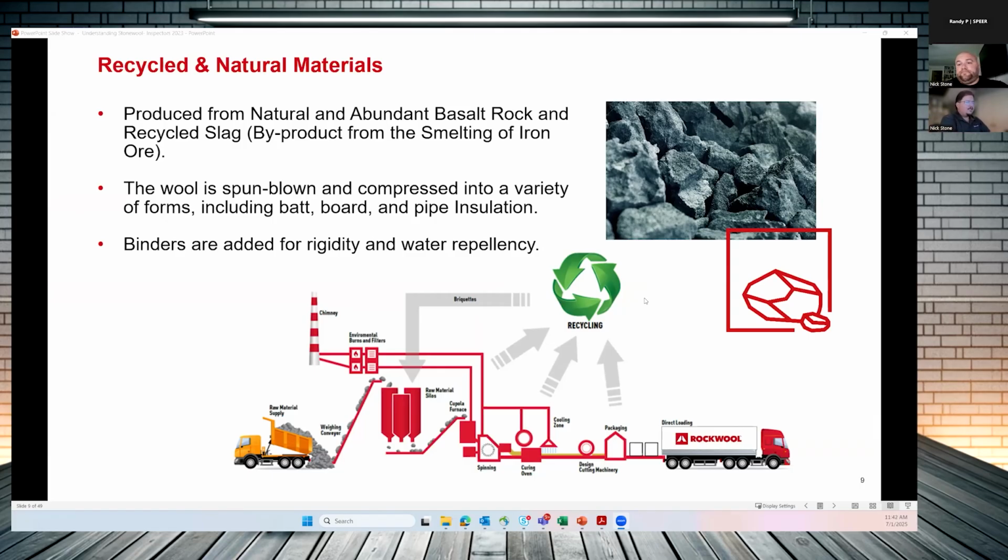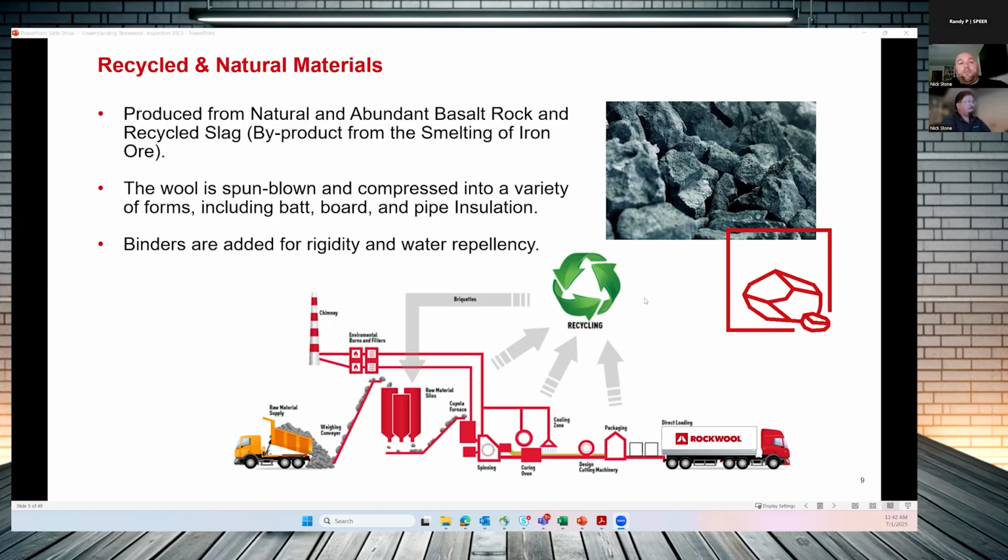Essentially, what we do is we take basalt, the basalt mineral, we superheat it to over 2,000 degrees, and we put it in essentially a giant cotton candy machine. Obviously it's going to melt down, creating essentially lava. As it spins, those fibers start to cool. Then they're collected, compressed into the various products, and put through a mineral oil based binder bath, which gives it the water resistant properties that it has.